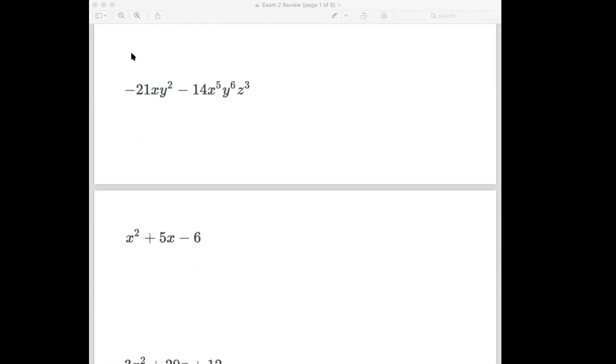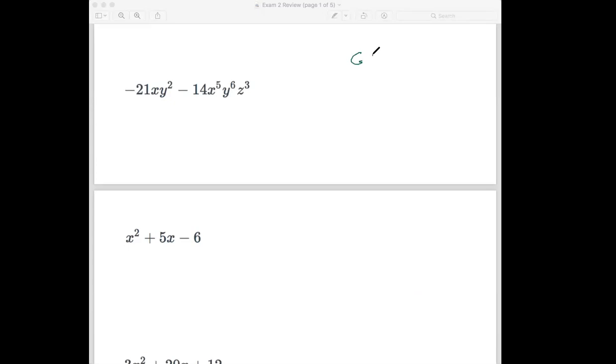This next one over here, it's definitely not trinomial because there's not three things. It could be difference of two squares, but 21 is not a square, so it can't be difference of two squares after looking at it like that. It has to be GCF if it's factorable at all.